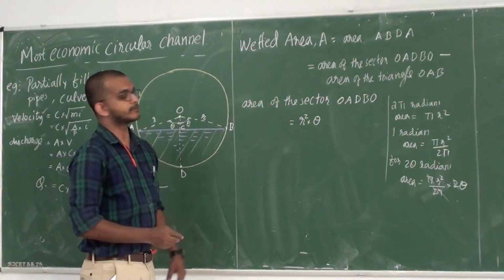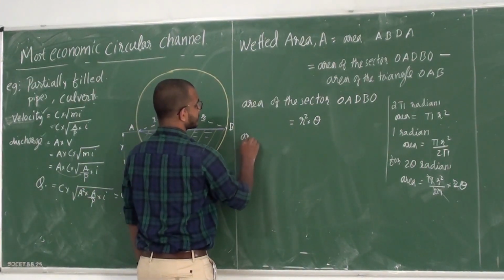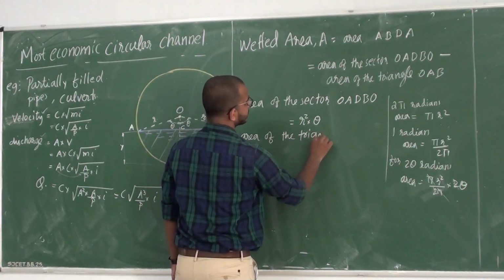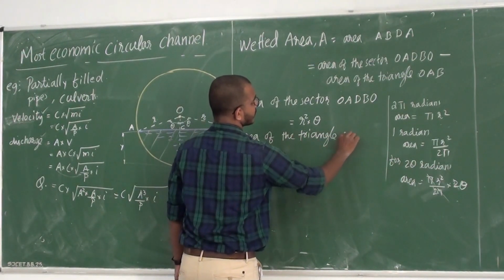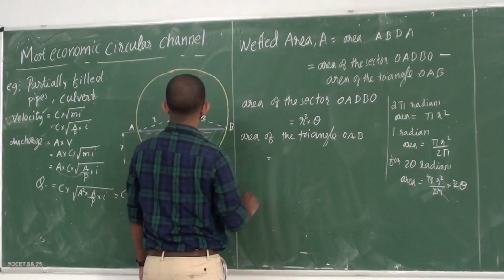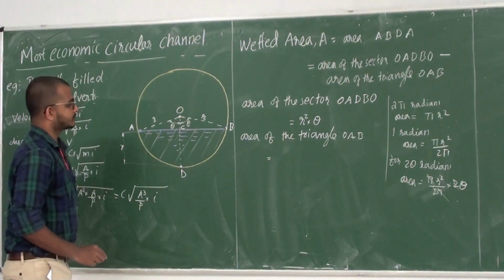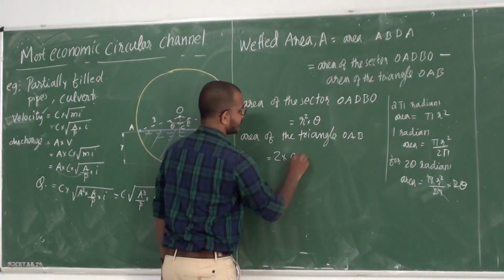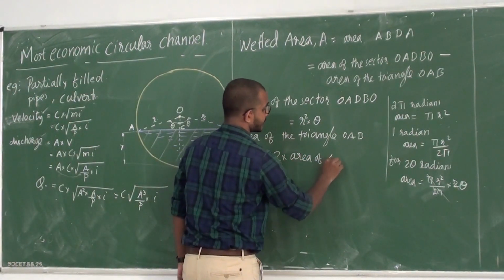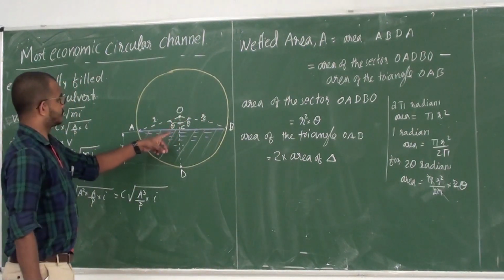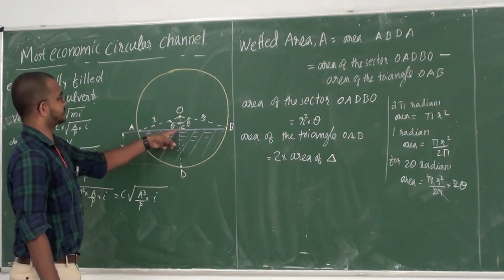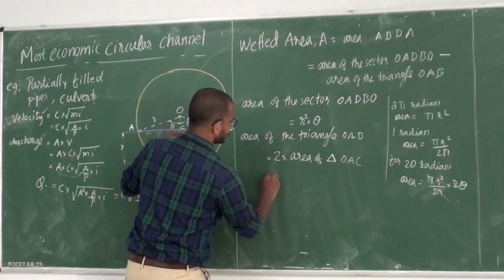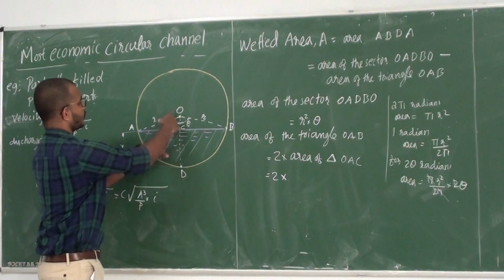Now area of the triangle OAB. So we know that area of the triangle OAB is equal to 2 into area of triangle OAC.